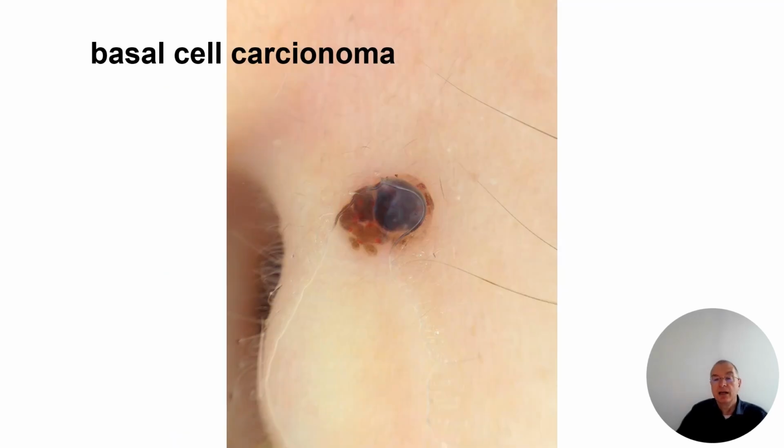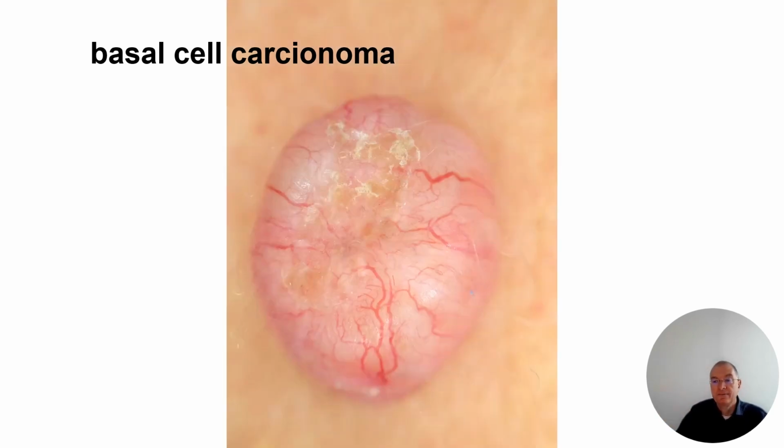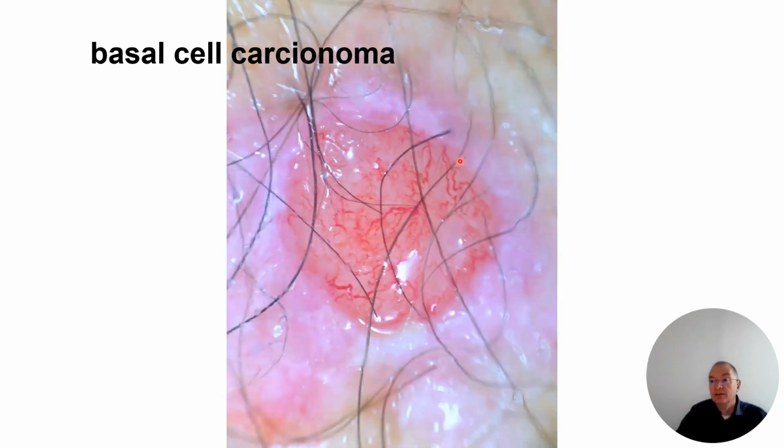But we can also have these typical colors in, for example, early nodular basal cell carcinoma, and look at this grayish, blue-grayish color, or completely red, with these typical arborizing vessels of the basal cell carcinoma. Also here, nodular, red, and typical vessels.